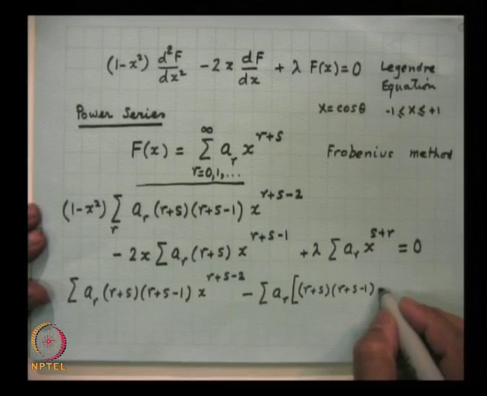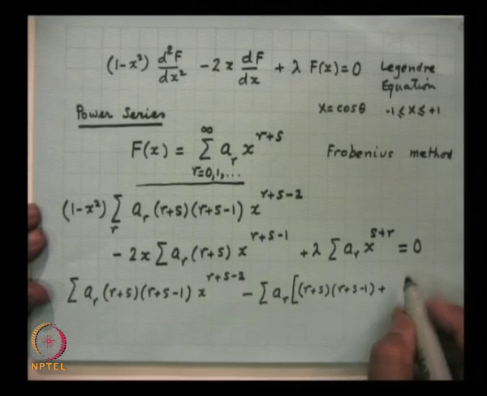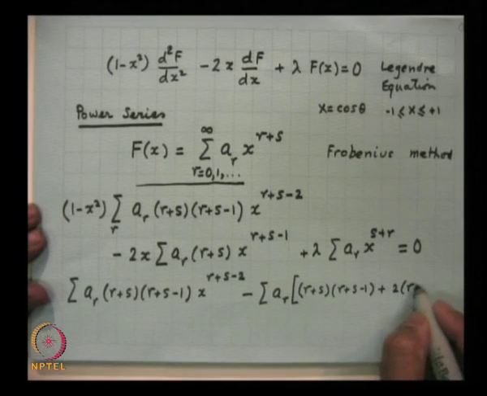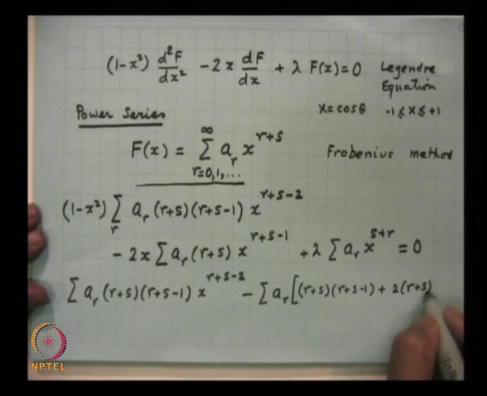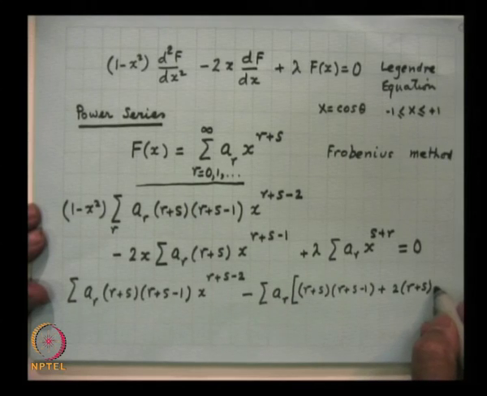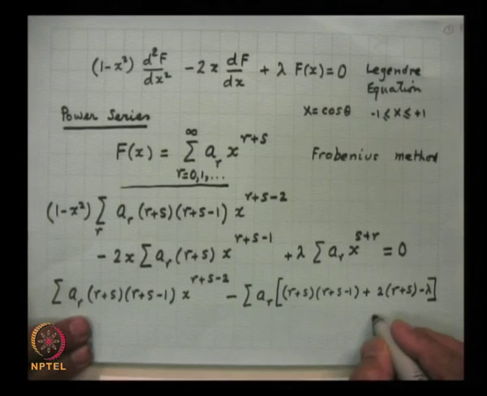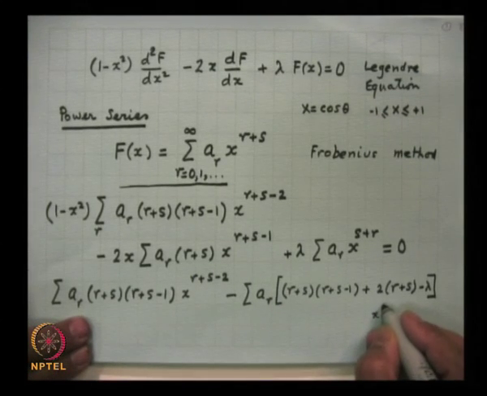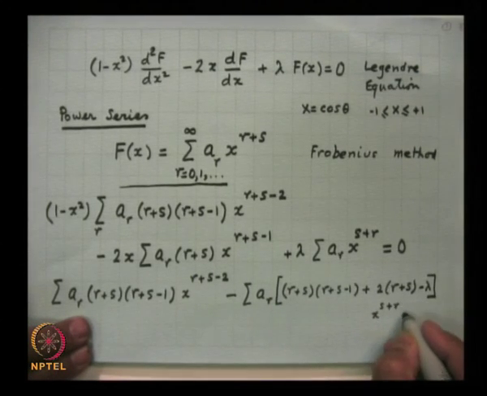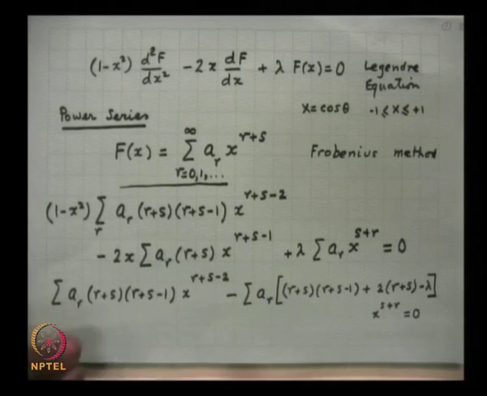So, this is plus 2 into r plus s, and since I have taken the minus sign outside, this is minus lambda into x raised to the power of s plus r is equal to 0.